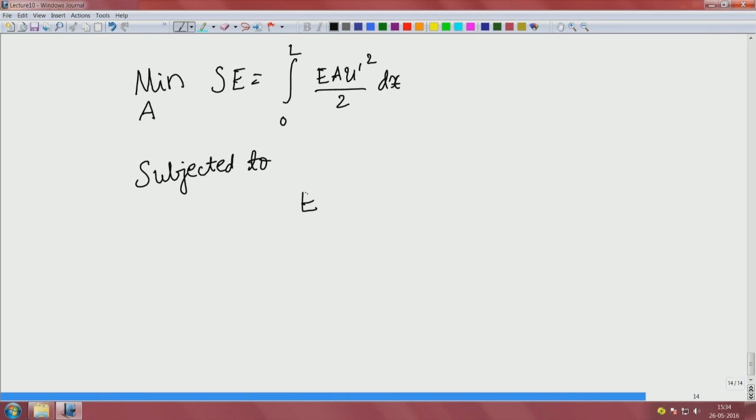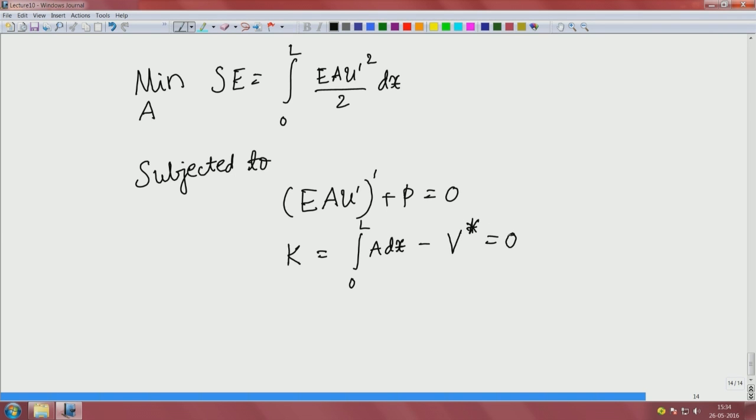It has to be governed by the equation we just derived, E A u prime prime plus P is equal to 0, and then we also had this equation for the volume, that integral 0 to L A dx minus V star is equal to 0. That is, the volume is specified for the bar, and A dx is going to give the volume of the entire bar as you change the area of cross section, that is minimum.